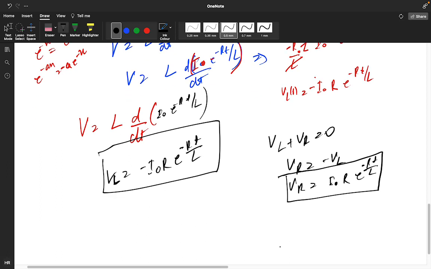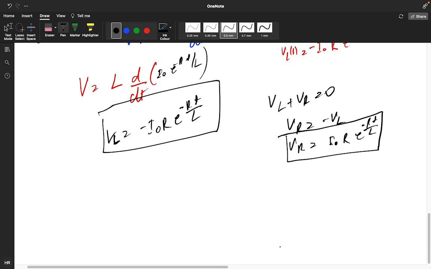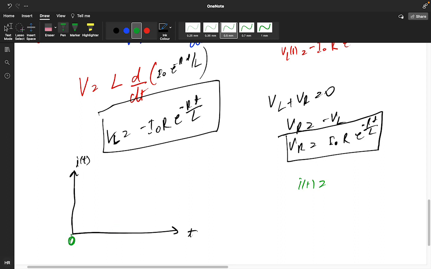Okay, guys, if this part is clear, you have to tell me the graph of this. Suppose this is the t axis and this is my I of t function. Before t equals 0 it was at a steady state condition.